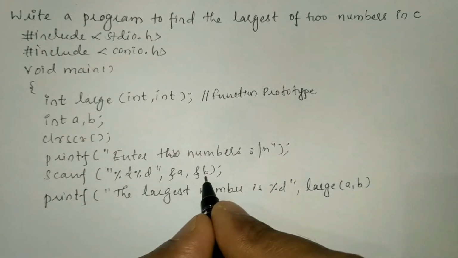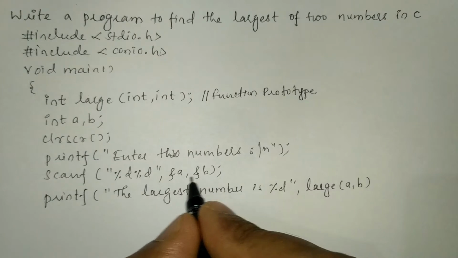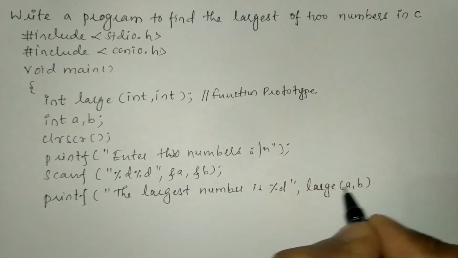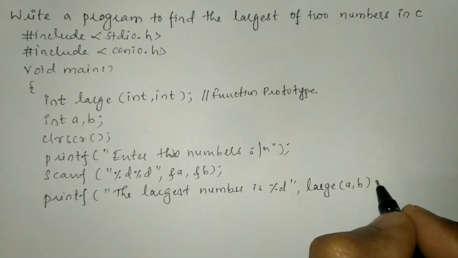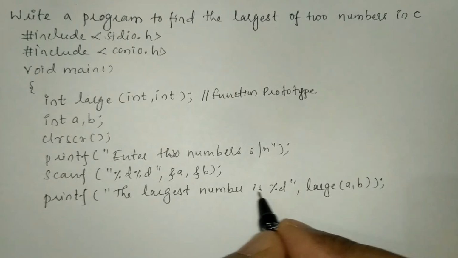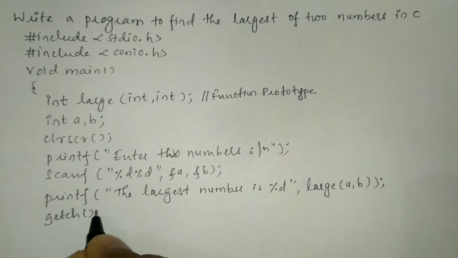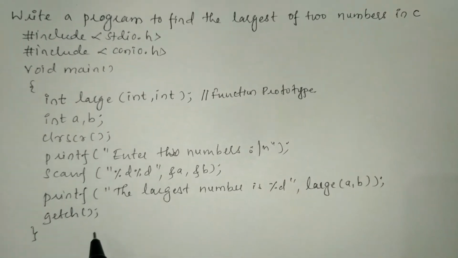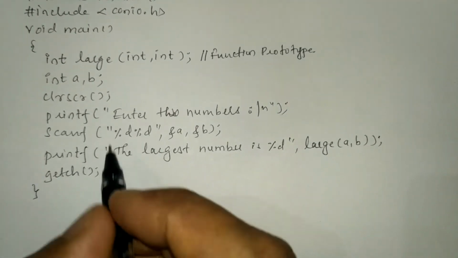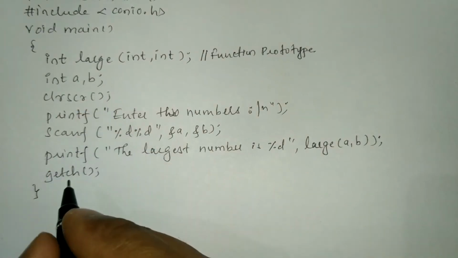So whatever the value that we receive from the user through keyboard will be passed as an argument to this function call, round closing brace and put semicolon, and here I'm going to write getch function, curly closing brace.